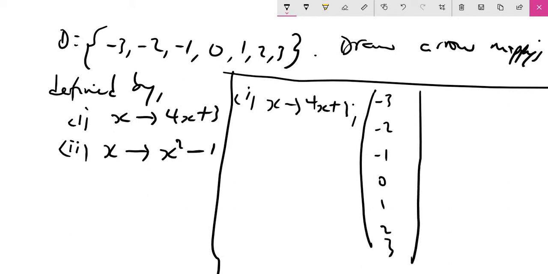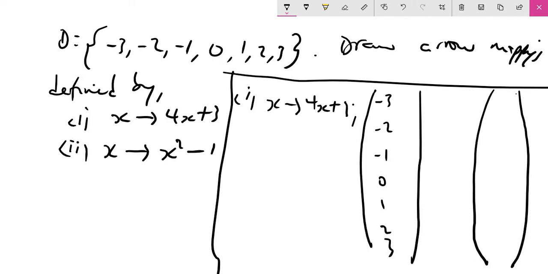Okay, so now what we do is we find the codomain, in fact the range, to ensure that whatever we find here is mapped to, it's not missed. Sometimes the size of the codomain will be equal to the size of the range, and sometimes the range will be less than the codomain.